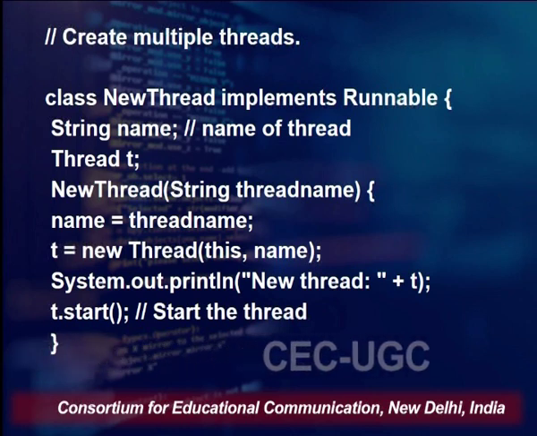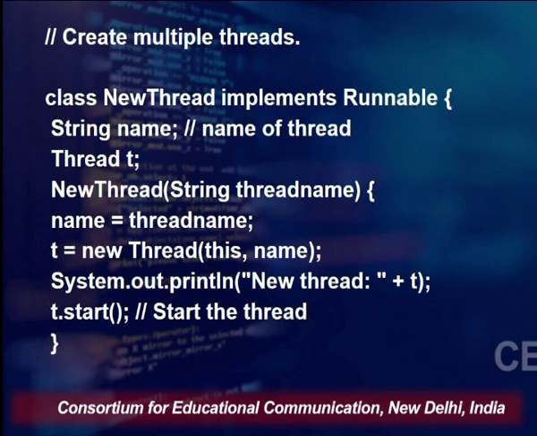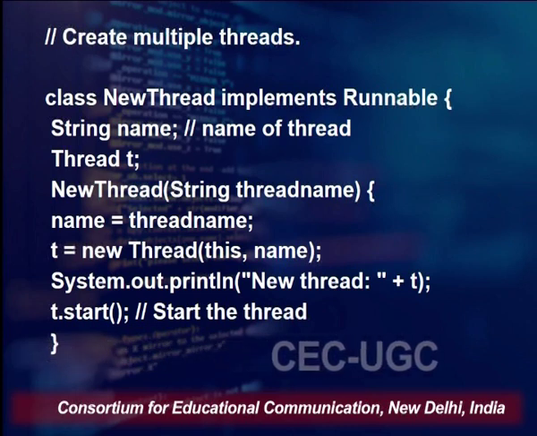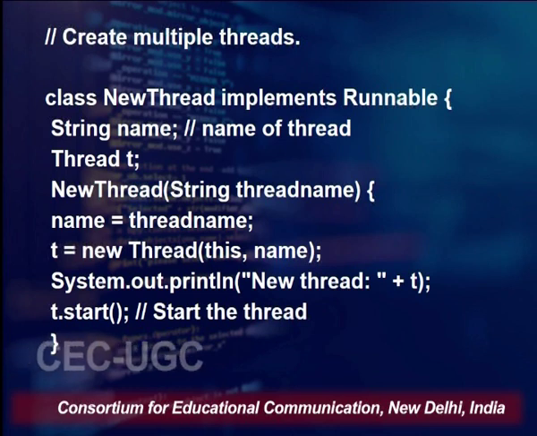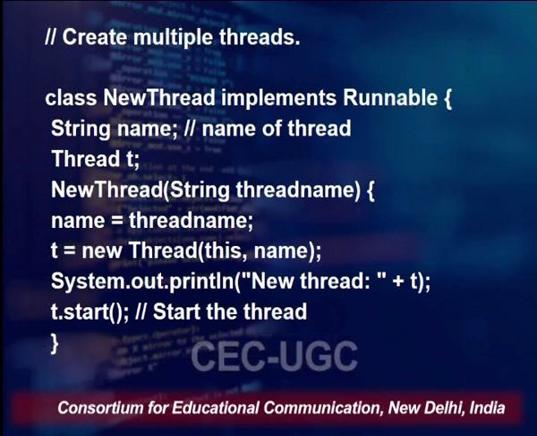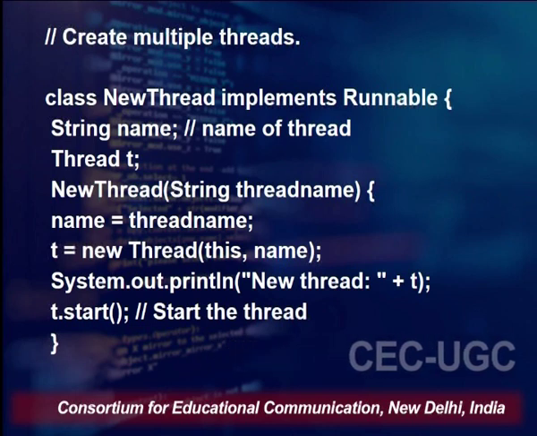Here we could have used a constant string instead of the variable. That's up to you, and that method we have seen in our previous lecture. So here name equals the threadName that we have assigned. That means threadName is the variable which we have taken as the parameter to the constructor NewThread.